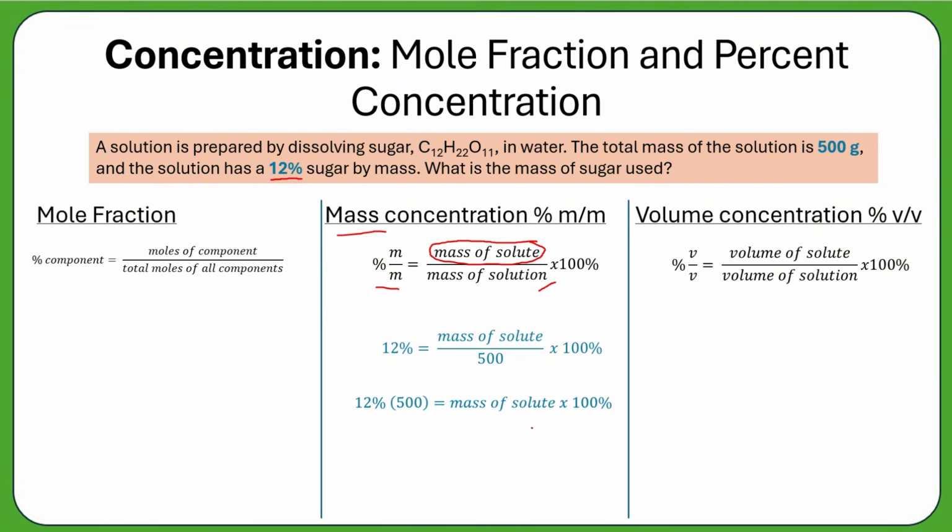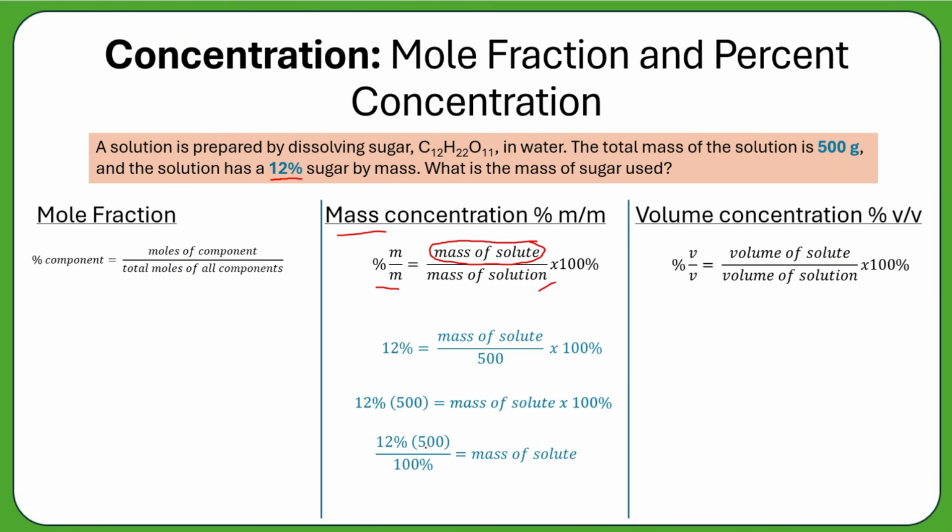So just imagine this entire mass of the solute is the x. The way to get rid of the 100% is to divide both sides by 100%, and it will now be on the left side, or just cross multiply. That's the same thing. And perform the mathematics.